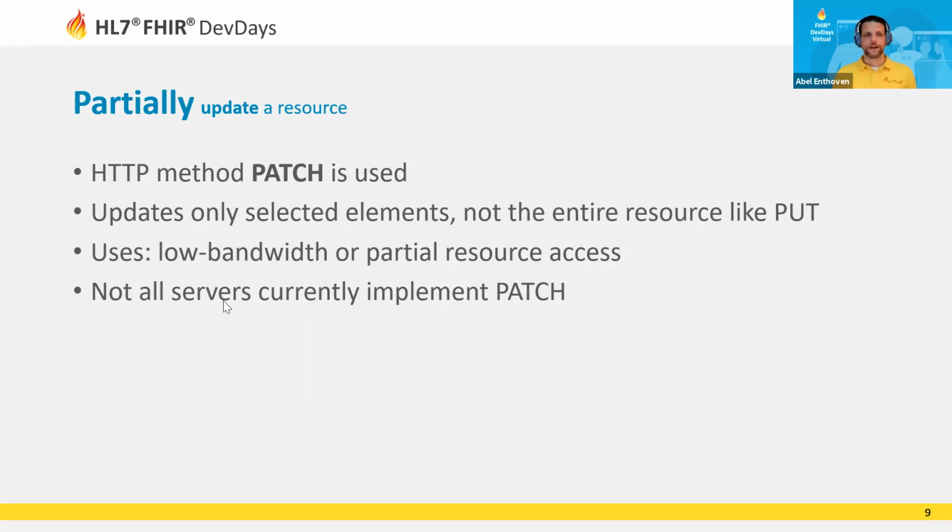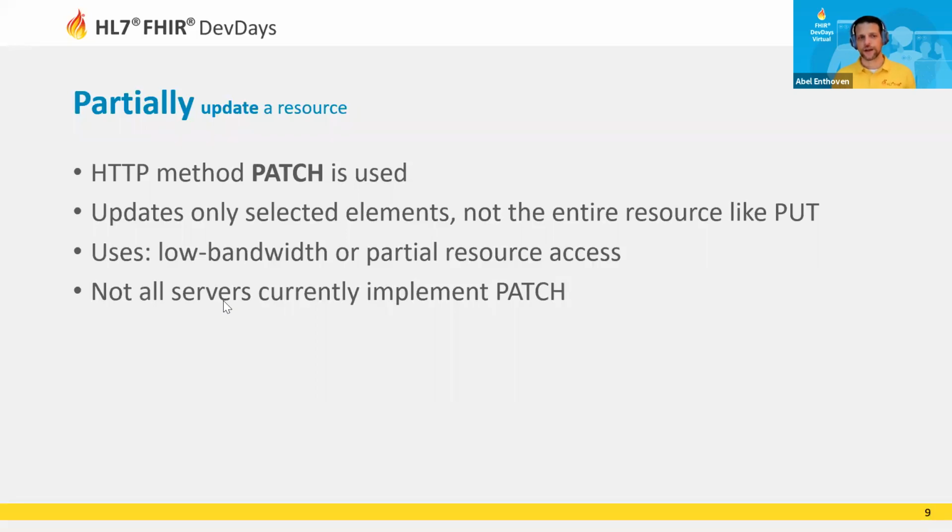What you could use it for is in situations where you don't have, for example, access to the entire resource. So if you have only gotten a partial resource with your get, then you only have those fields. If you want to update those fields only, then you could use patch.